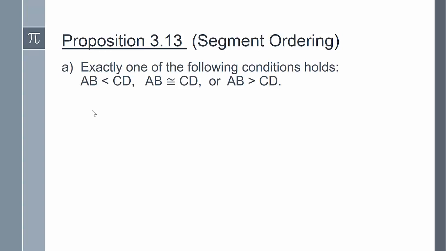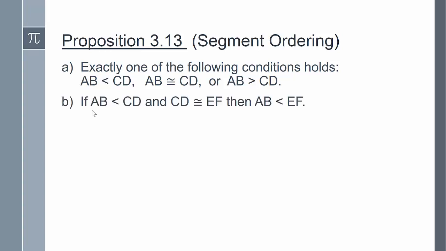Proposition 3.13 on segment ordering. The first part of proposition 3.13 states that exactly one of the following conditions holds: segment AB is less than CD, AB is congruent to CD, or AB is greater than CD. So there's a trichotomy here, and exactly one of the following conditions holds for any two segments, AB and CD.